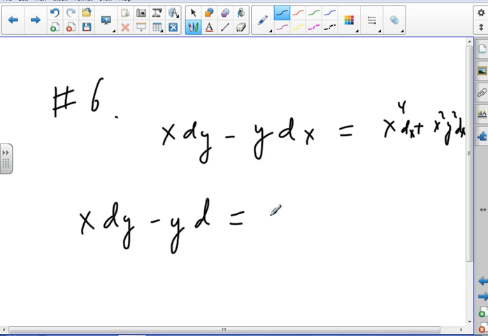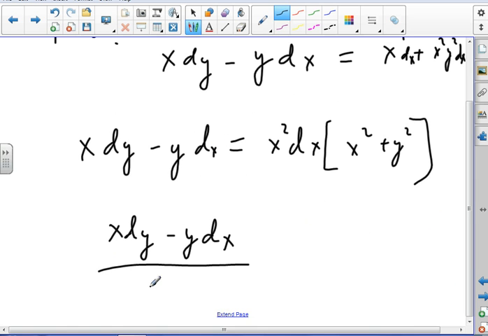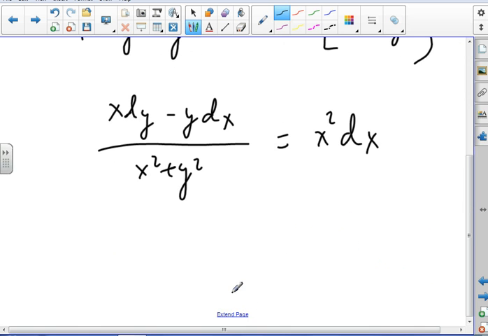I'll start doing that. So I've got an x squared dx times x squared plus y squared. And then I've got an x dy minus y dx divided by x squared plus y squared is equal to x squared dx. I see that on this side I can take the integral of that quite easily.